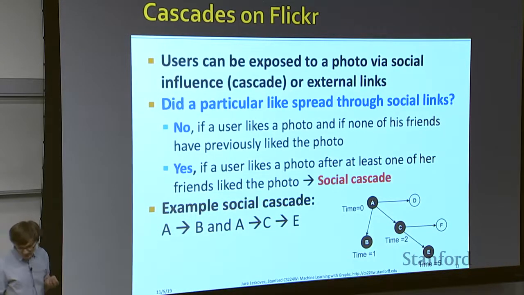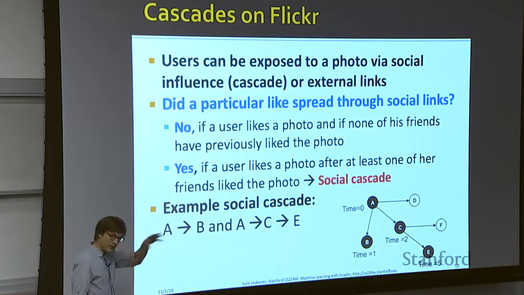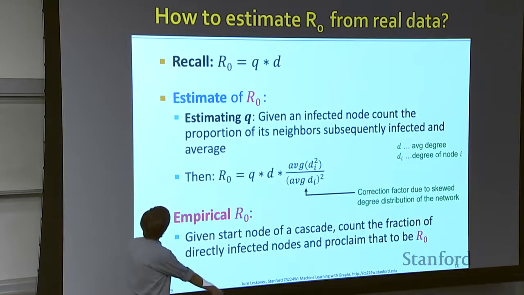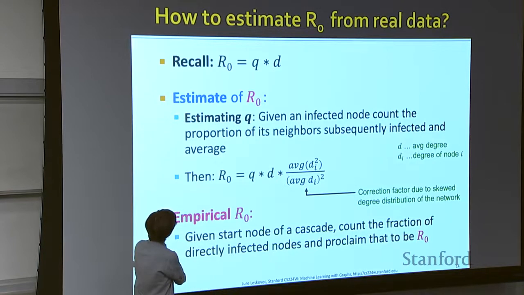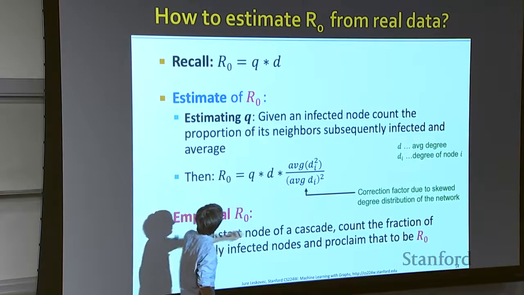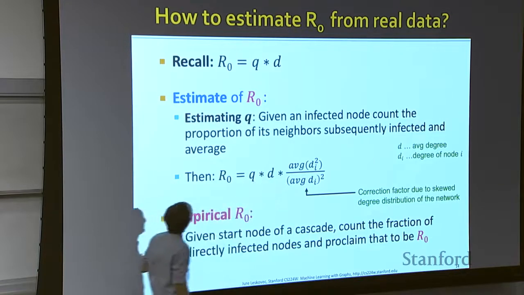How can you now measure R0 for each of these, let's say, viral photos? There are two ways. One way is to simply say, let me estimate this Q times D as we discussed.